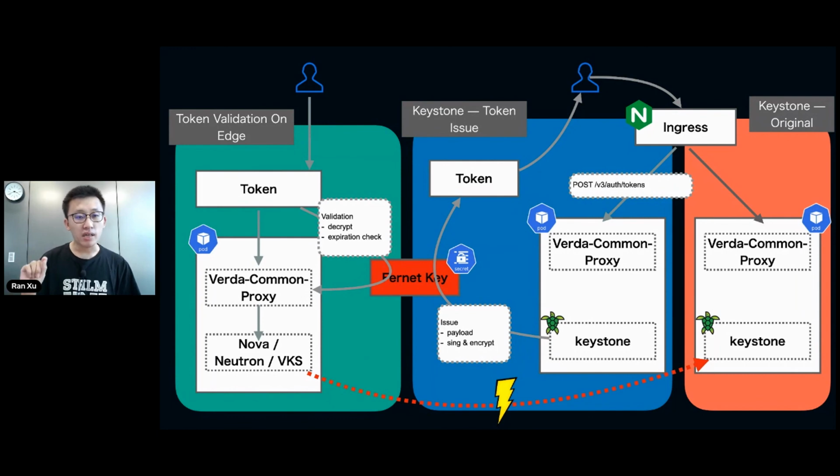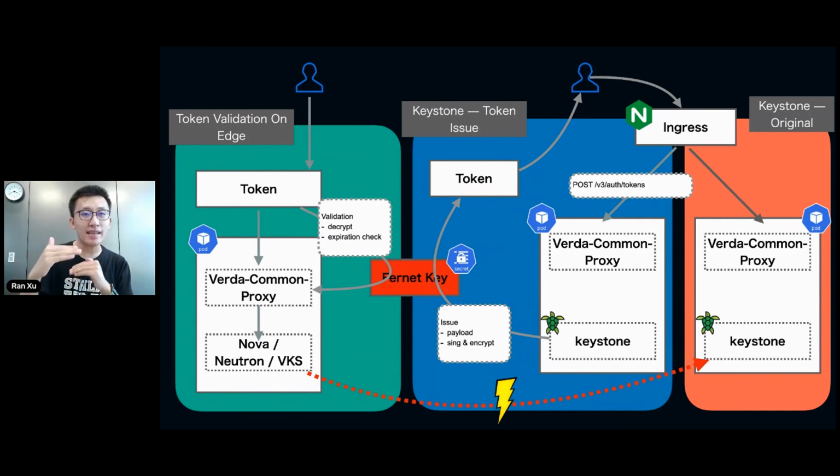And even if the original Keystone for the token issue is down, the token validation will also work. And when the token validation load increases, by adding some new Verda infra services, I mean the number of the clients is increased, that token validation load handling naturally scales out together with the client, right?